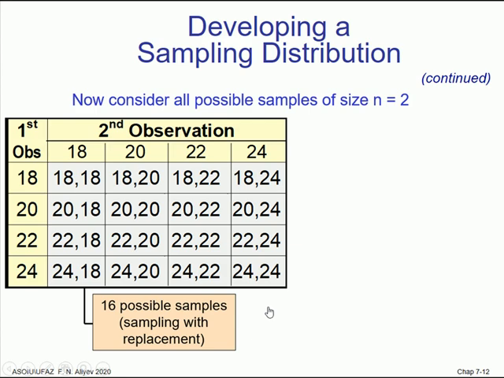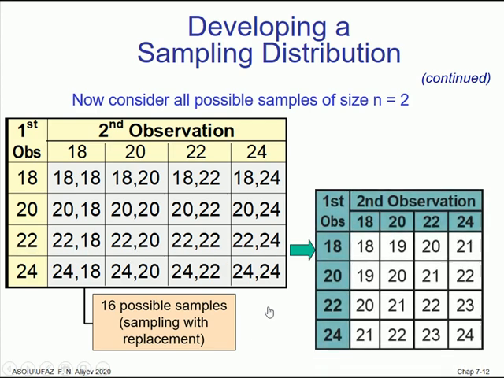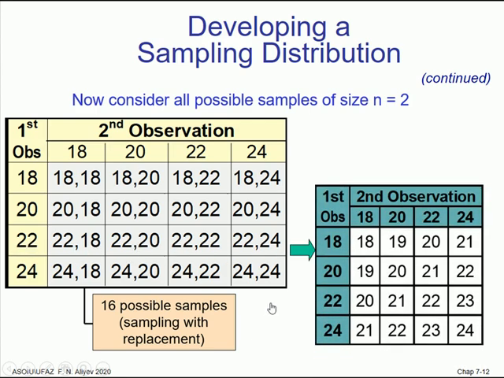Now, you may calculate the mean of all samples. For the first sample, in order to calculate the mean, you need to add these two numbers and divide by their number. How many numbers do we have? Just 2. 18 plus 18 is 36, divided by 2 is 18. 18 plus 20 is 38, divided by 2 is 19. 40 divided by 2 is 20.